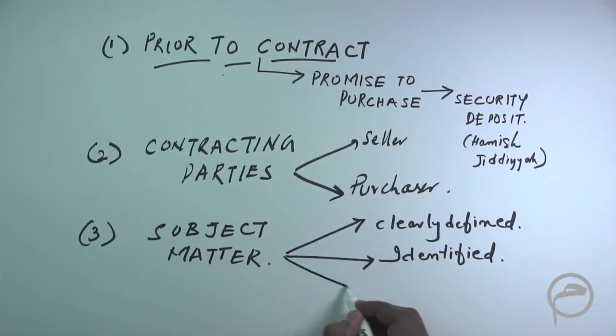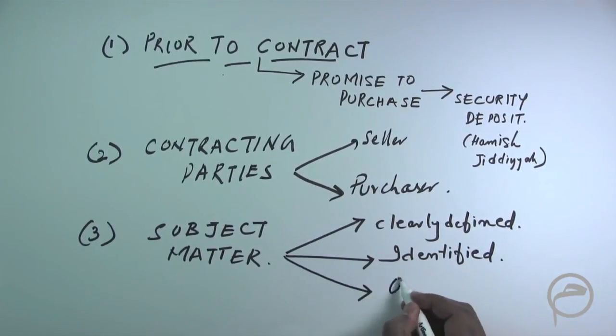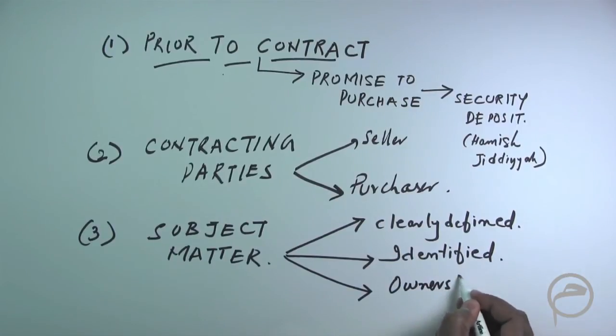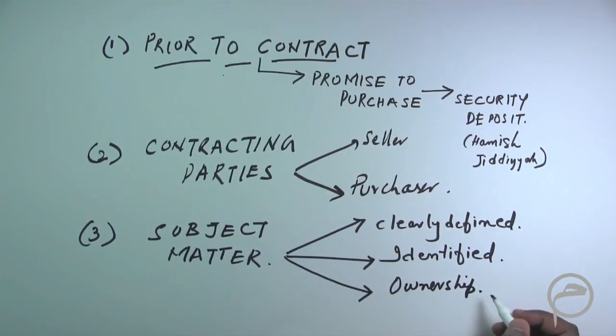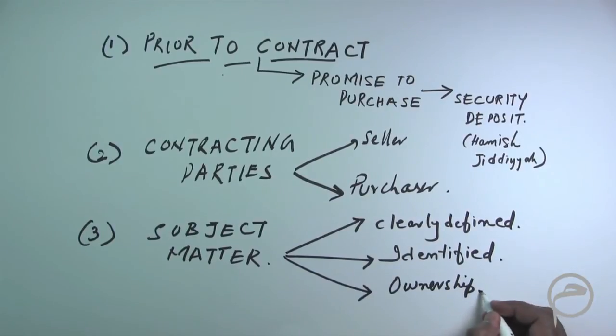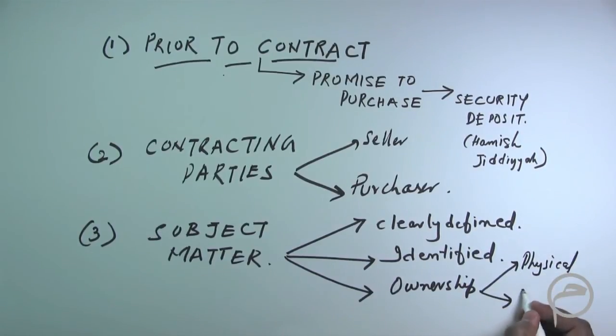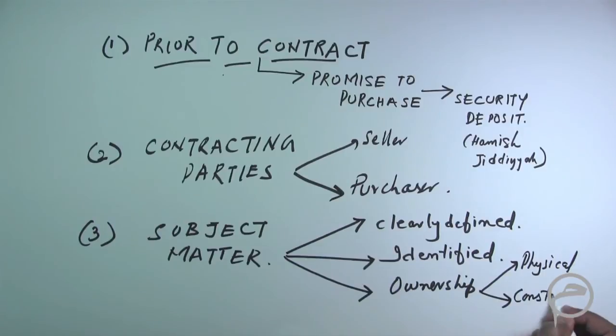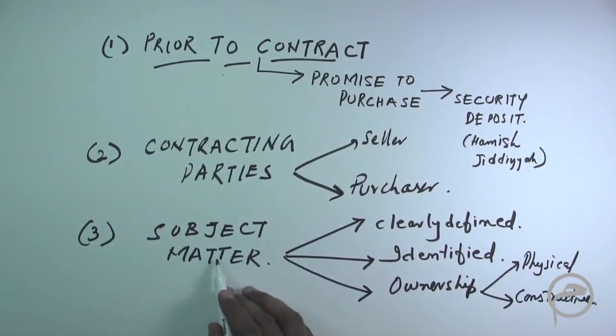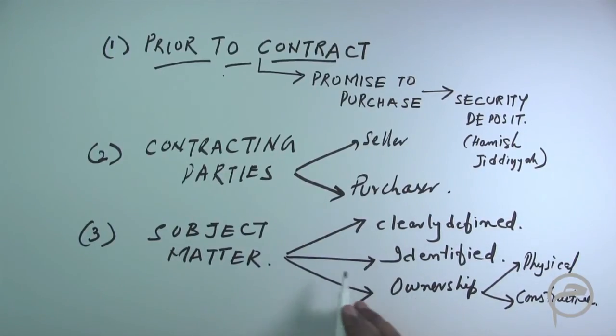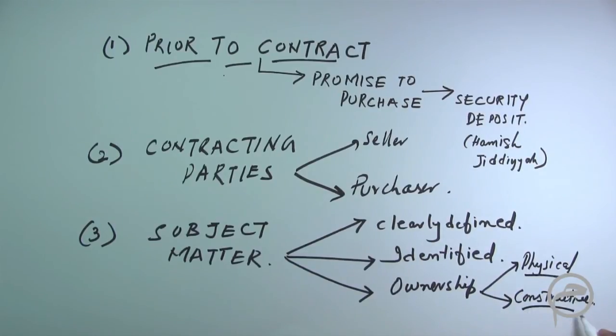The third is an important point with reference to ownership. What it means is that the seller should have either the physical ownership or the constructive ownership of the asset before the seller is making the sale transaction. If the seller is not having either, then the sale is not a valid sale.